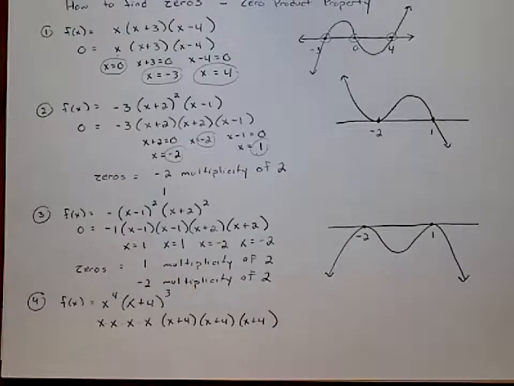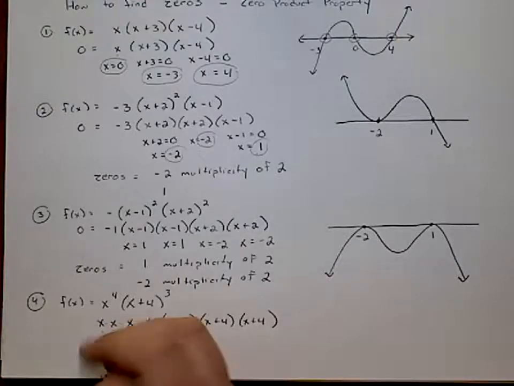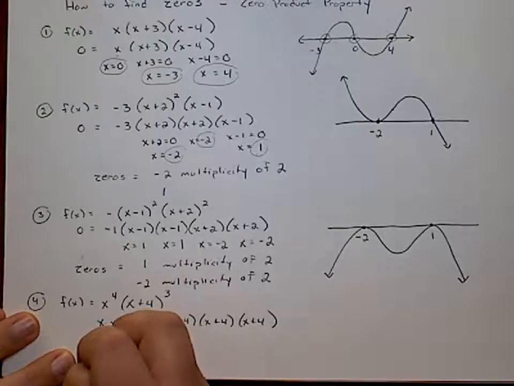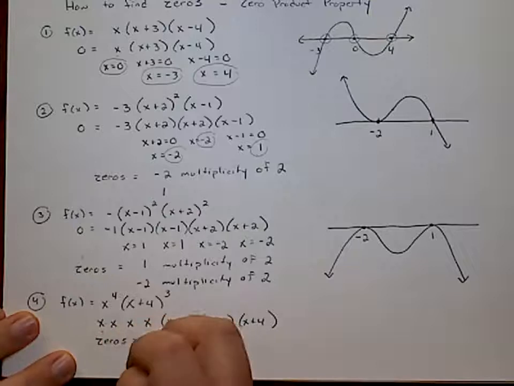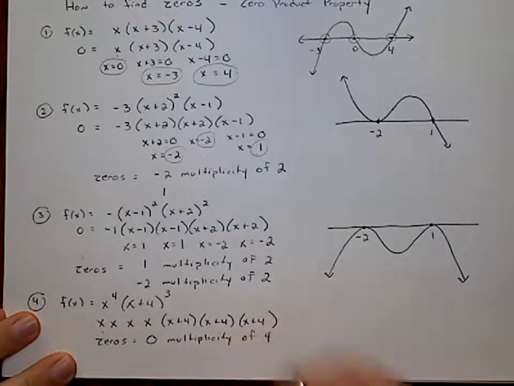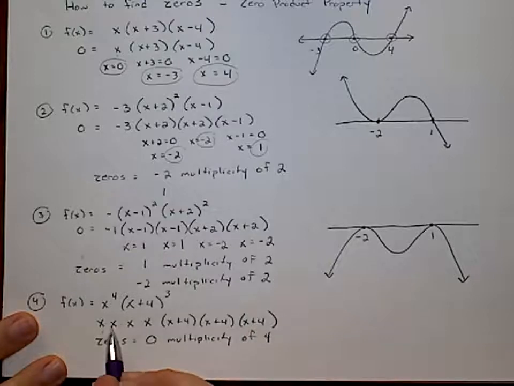So we would have 1, 2, 3, 4 zeros that are 0. So I know it kind of doesn't make sense, right? So our zeros would be 0. 0 would have a multiplicity of 4 because it happens 1, 2, 3, 4 times.